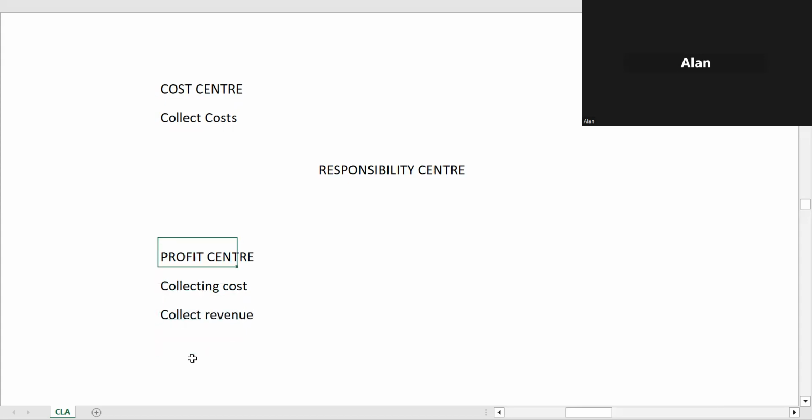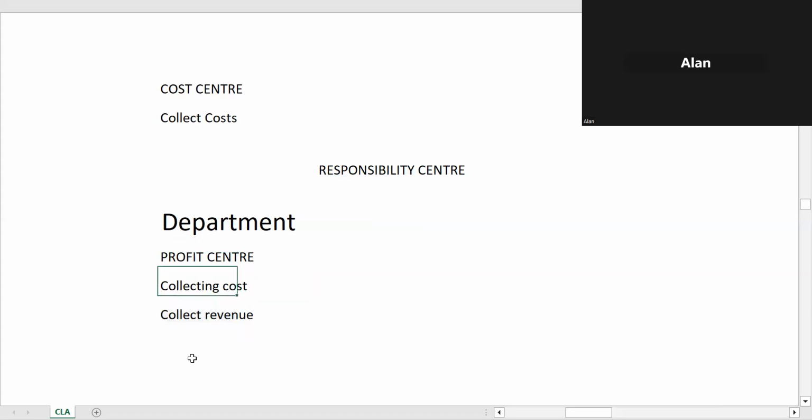So a profit center is like a department of the organization, where you will be able to collect cost, and it will be producing some goods of its own, which it can sell separately. So you can collect both cost and revenue.